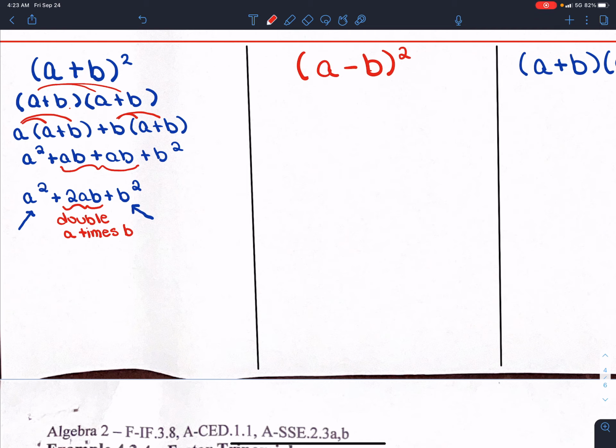Okay. So the shortcut for this one is, this is a formula here that we're going to be using. Whenever we see some grouping that is being squared, okay, and there we can take those and break it up into a squared plus 2 times the a times the b value and add it to b squared.